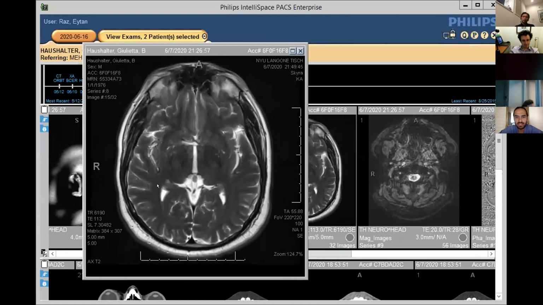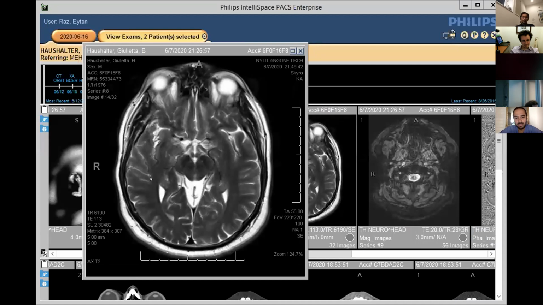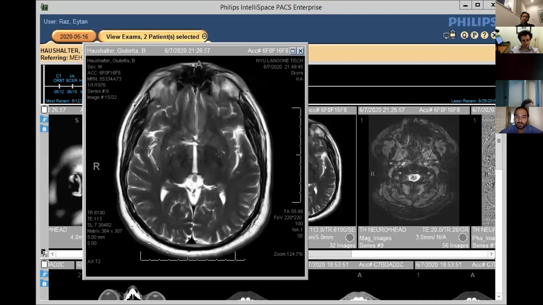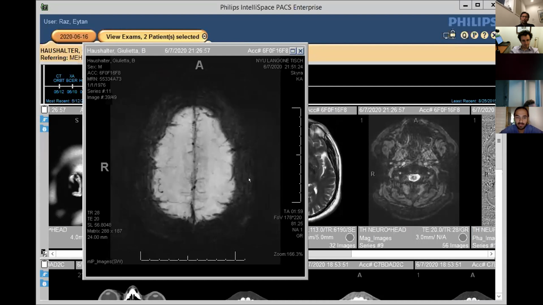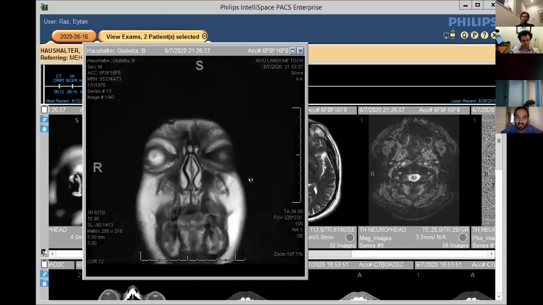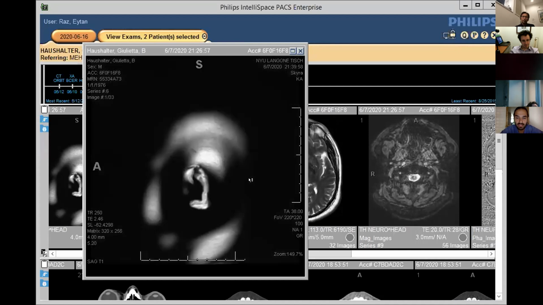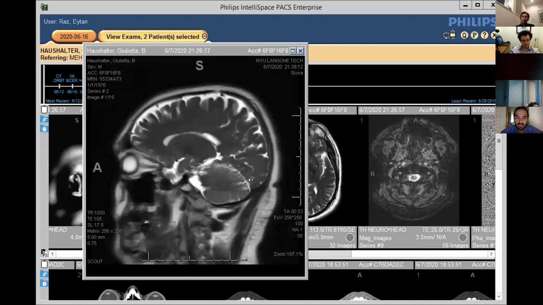Interestingly, there is a subtle finding on this particular sequence: the veins along the insula and the cortex are slightly enlarged compared to normal. You can compare the right side to the left, but the sequence that better identifies this is the post-contrast. Let me see if I find it.